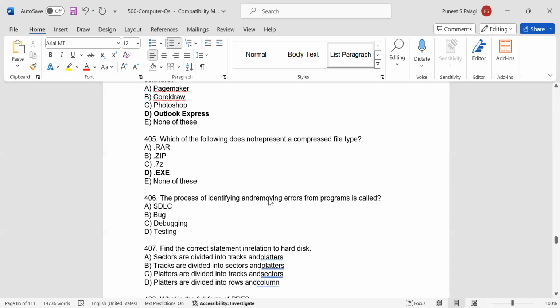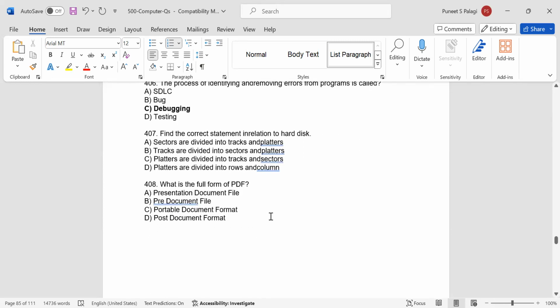Process of identifying and removing errors from programs is called SDLC, bug, debugging, testing. It is debugging. Find the correct statement in relation to hard disks.